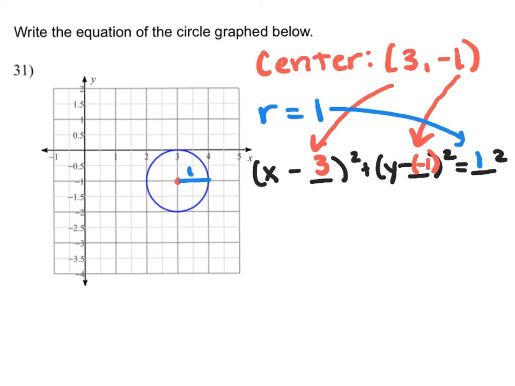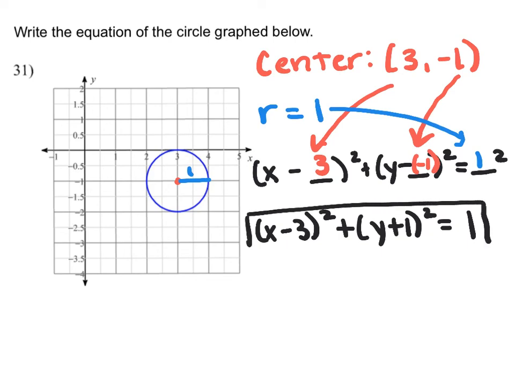If I simplify this, the x minus 3 just stays as x minus 3 squared. Y minus negative 1 becomes y plus 1 squared. And then 1 squared is equal to 1. So my final equation would be x minus 3 squared plus y plus 1 squared equals 1.